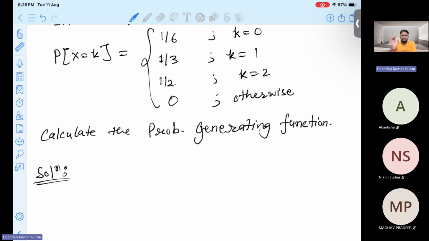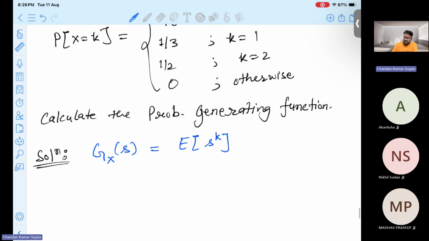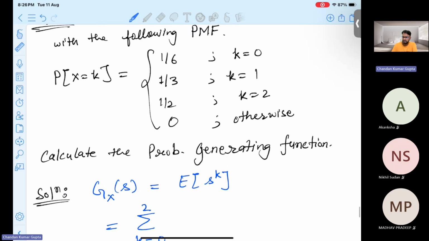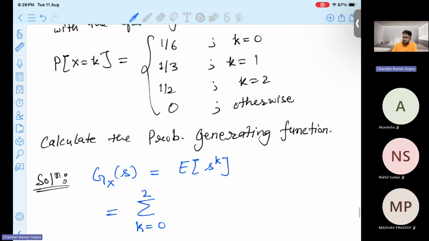Okay, so see, we need to find the PGF. The PGF, as we have already seen, G_X(s), the standard notation we will use. It is the expected value of s to the power k, and the expected value of s to the power k is like what? k from 0 to 2, because k equal to 0, k equal to 1, and k equal to 2 are there.